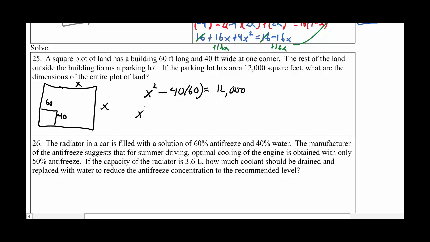So let's see, that's x squared equals, and then I realize it's 12,000 plus 40 times 60.